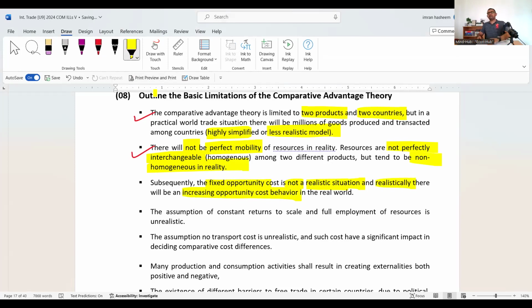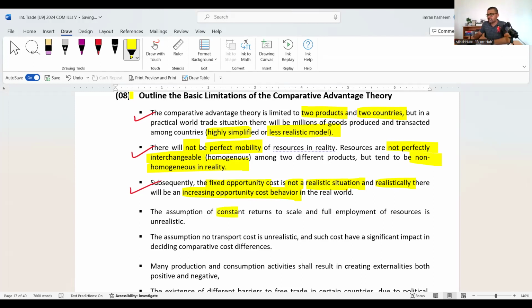But if opportunity cost keeps changing, the comparative advantages change from country to country. It keeps shifting from one country to another. So to make our analysis easy, we estimate opportunity cost and we assume that it remains fixed so that we can compare. Right. Then we look at the next limitation, drawback or demerit of the comparative advantage theory.